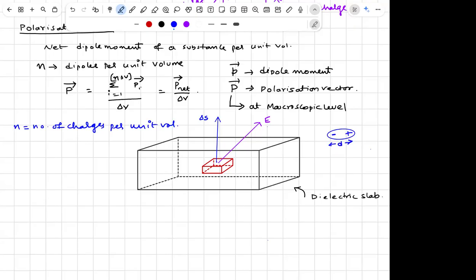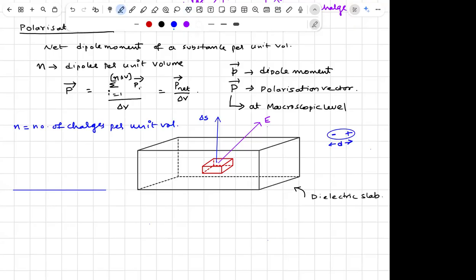Now, these dipoles, which were earlier randomly scattered, orient along the direction of the field.